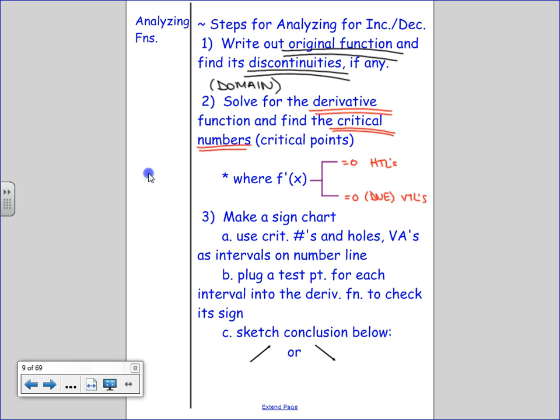Because either, by the intermediate value theorem, behaviors could change at zeros of the first derivative, or behaviors could change at discontinuities of the first derivative. Then I'll take everything I've collected from 1 and 2, any domain restrictions, any critical numbers, and I'm going to make a sign chart, which you've already seen me model for you.